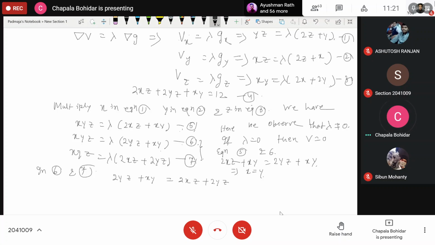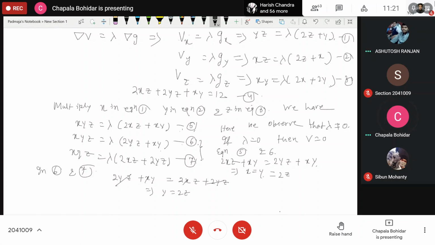So here it cancels out, x cancels out. So this implies y is equal to 2z. So we get x is equal to y is equal to 2z.